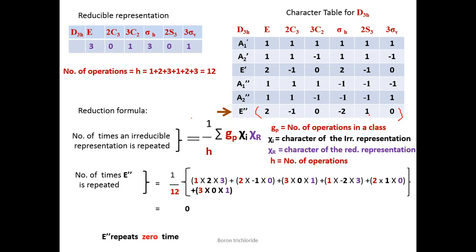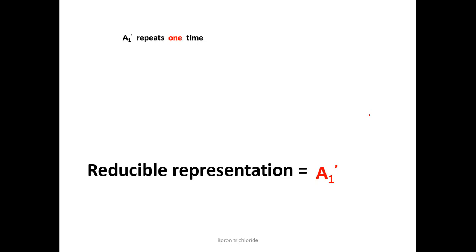Having completed all the 6 irreducible representations, summarize them. That will be the reducible representation. A1 dash repeats 1 time, so write A1 dash once. A2 dash repeats 0 times, so you need not write A2 dash. E dash repeats 1 time, write E dash.